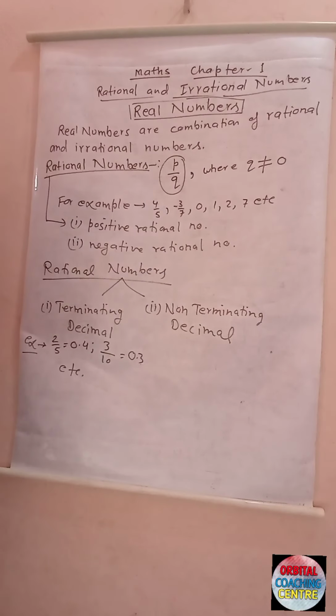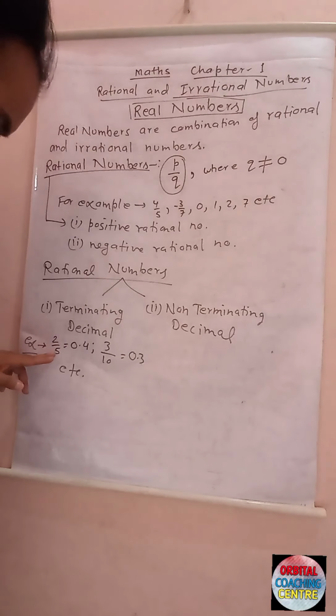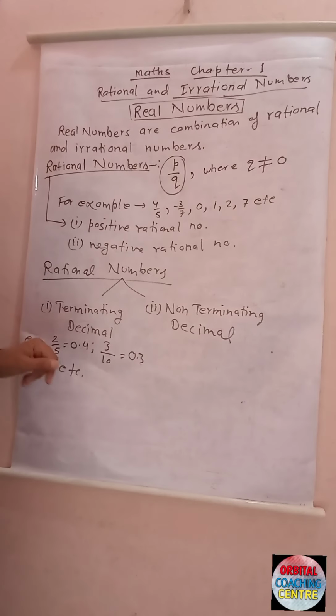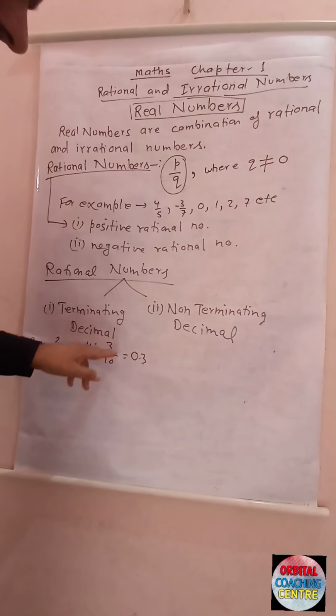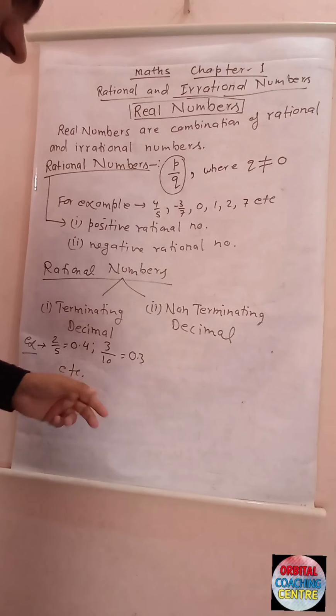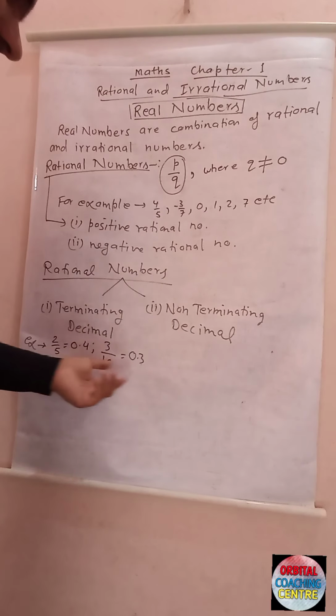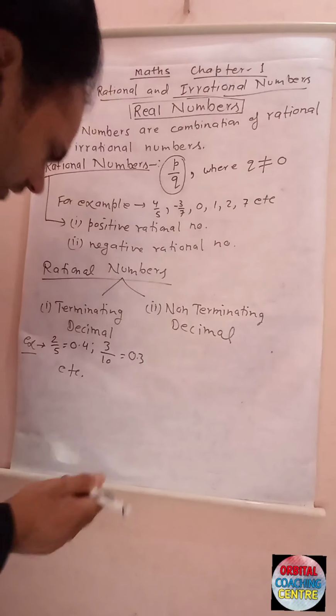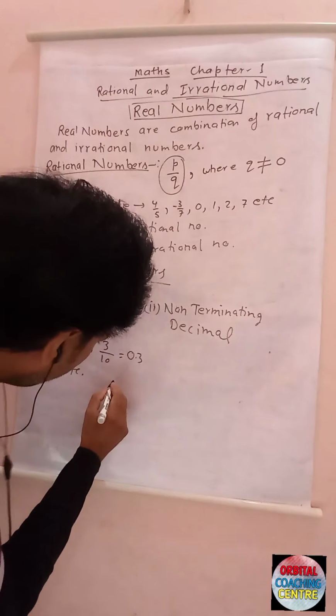Here you can see that if you divide 2 by 5, 0.4 will be the answer. If you divide 3 by 10, the answer will be 0.3. Here you can see that after dividing, these terminate.